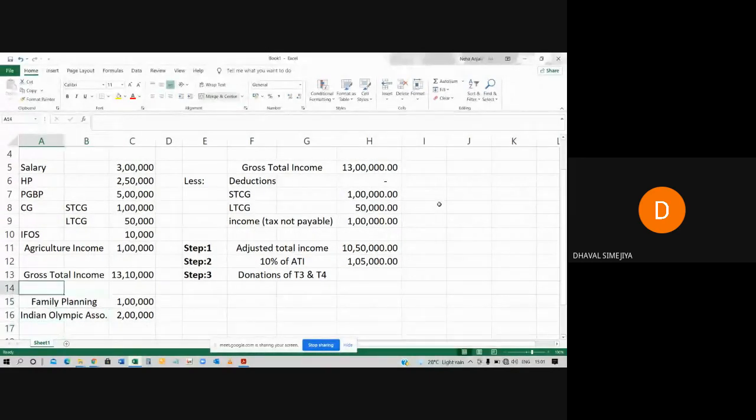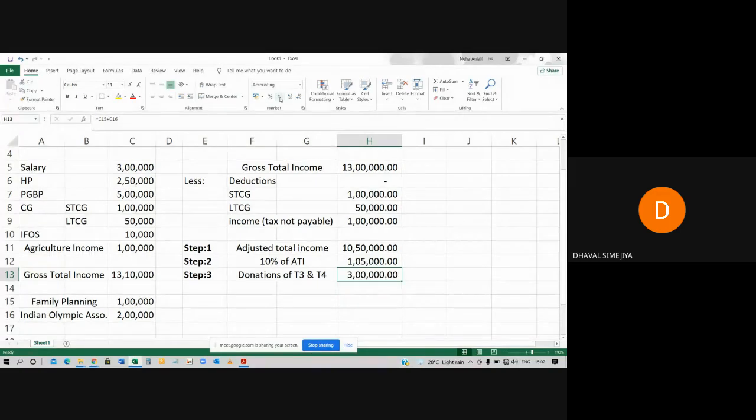So these are the donations we have done from table 3 and table 4. Let's write down over here: donations of table 3 and table 4, 3 lakh rupees.